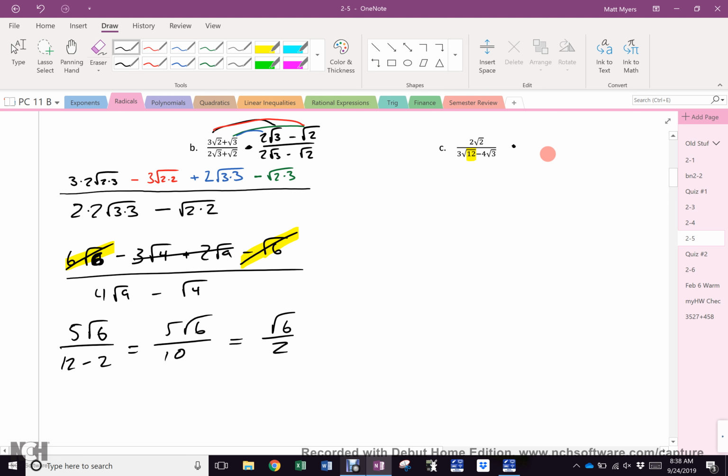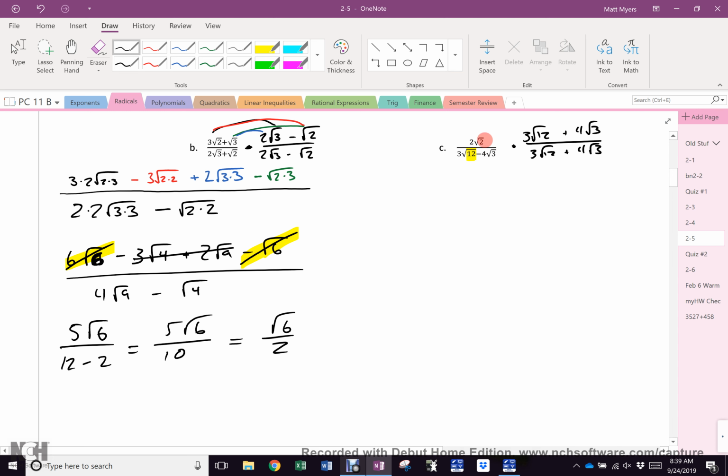Which is what? 3 root 12 plus 4 root 3 over 3 root 12 plus 4 root 3. All these numbers are fairly small. The only big number is the 12, yeah? And you're going to hit 12 and 12, so what's going to happen to 12 and 12? They're going to disappear anyway. It's going to be 12, right?